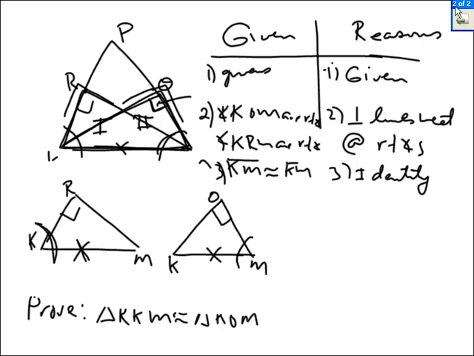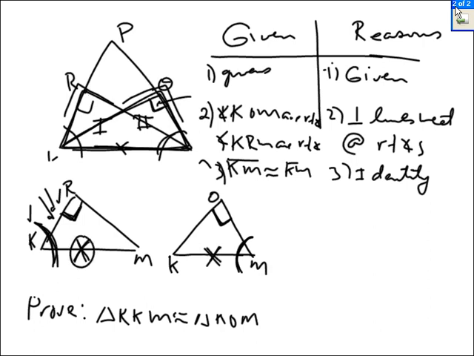Statement 3 said that those two are equal. The givens said that they are congruent, and statement 2 said that those are right angles. Well, I have two angles and a side not in between.